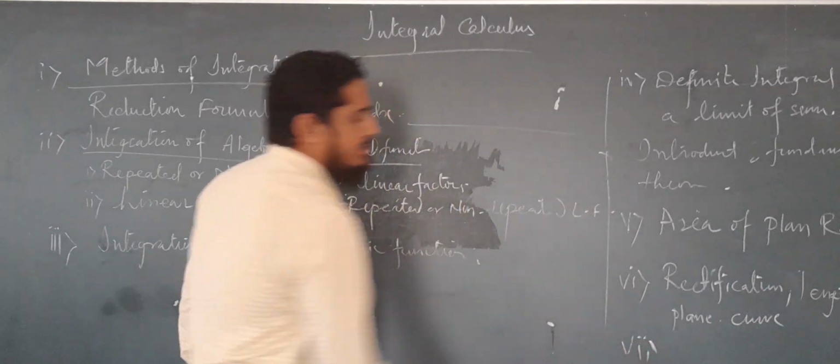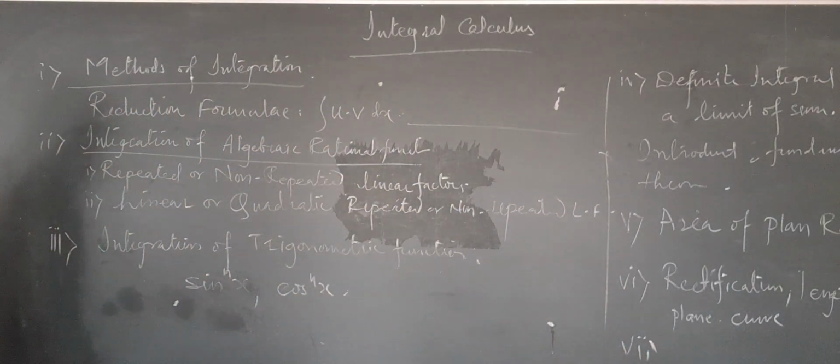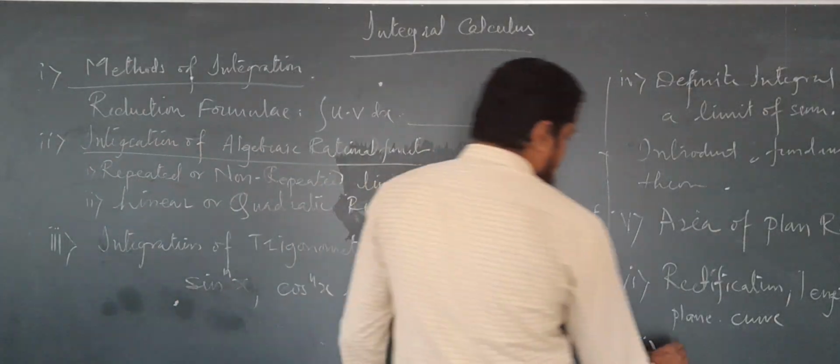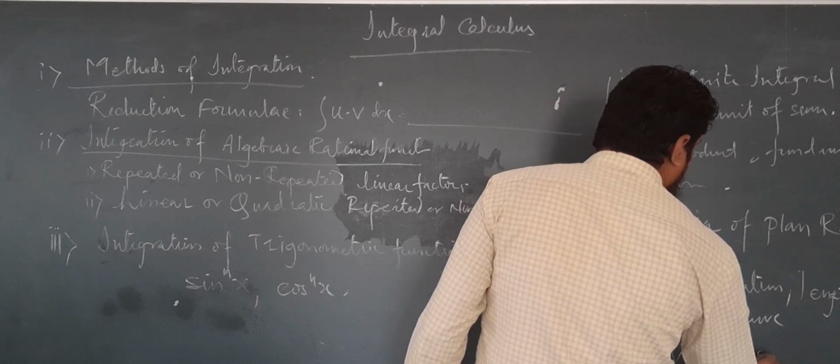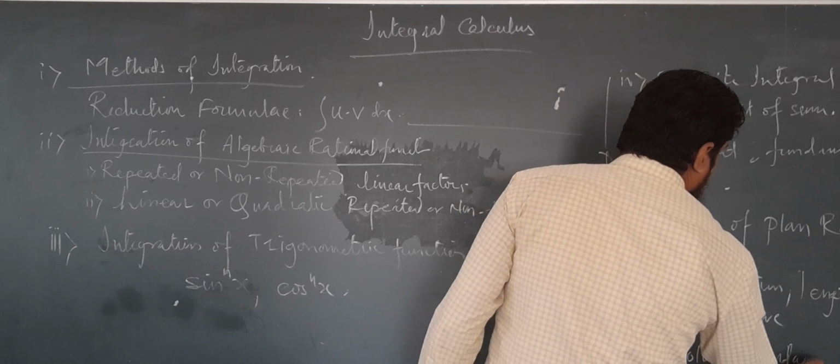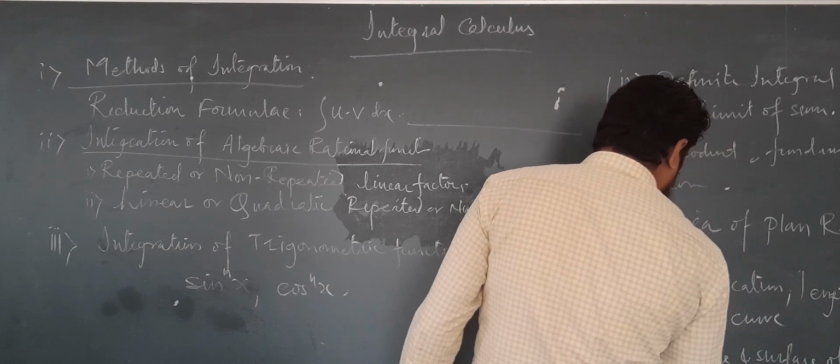Number 7, the seventh chapter is volume and surfaces of revolution.